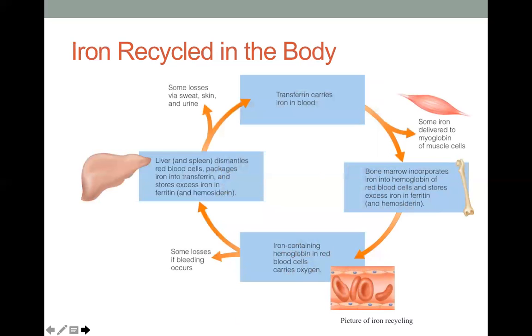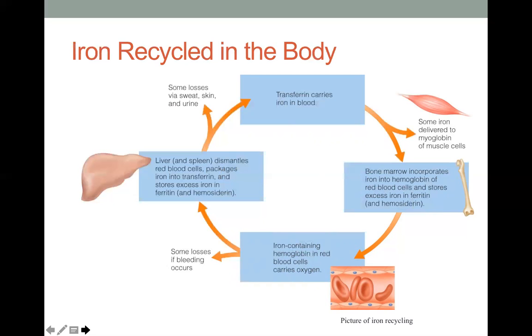Iron recycling. So I did mention that iron can be toxic if it's consumed or stored or kept at too high levels. But without iron, we can't live. And so it's very important for our body to recycle iron, since we use iron in every single one of our hemoglobin molecules, as well as many other factors. So what happens is, remember, we consume iron from our diet.